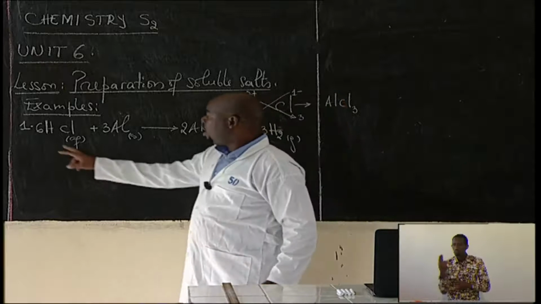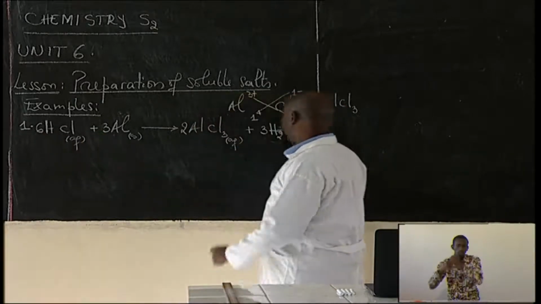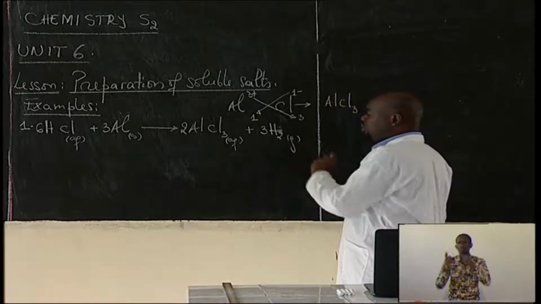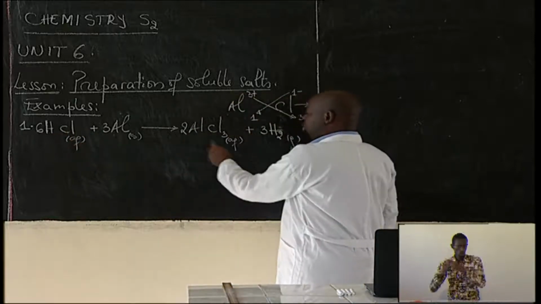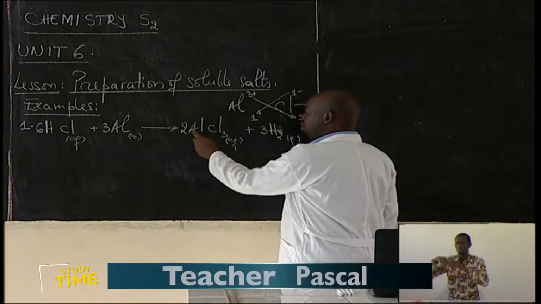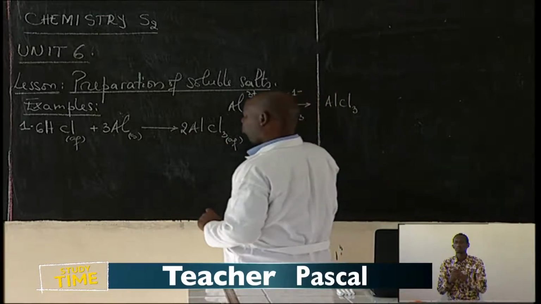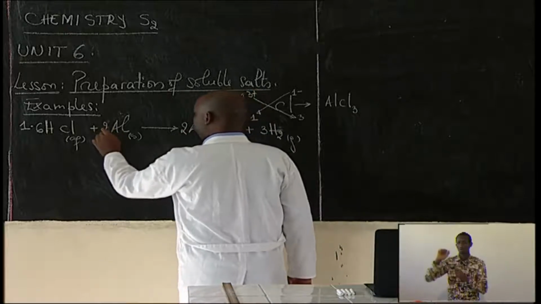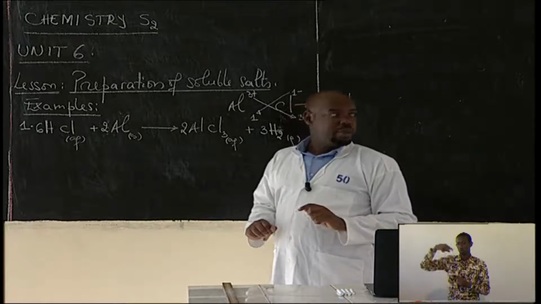So now we have 6 hydrogen atoms, and here also we have 6 hydrogen atoms, 3 times 2. For chlorine we have 6, and in the product side we also have 6, 3 times 2. Aluminium, we have 2 aluminium, and here we should have 2 also. And our equation is completely balanced.